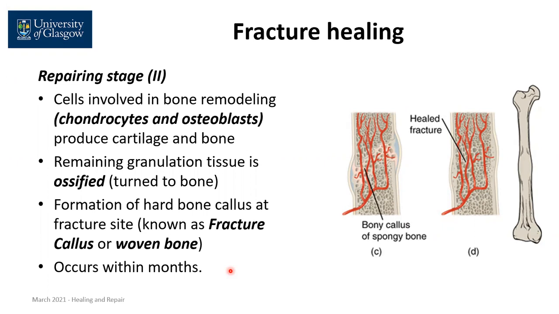Chondrocytes are important in remodeling and restructuring the cartilage. The remaining granulation tissue from the first stage is ossified, so basically turned to bone. This bone is known as woven bone or hard bone callus, and this can occur from weeks to months, depending on the bone that has been fractured.